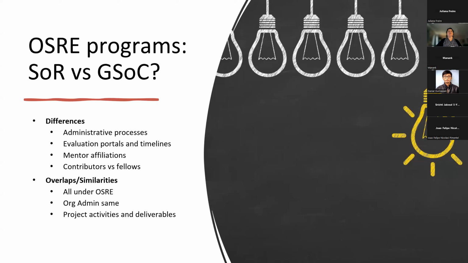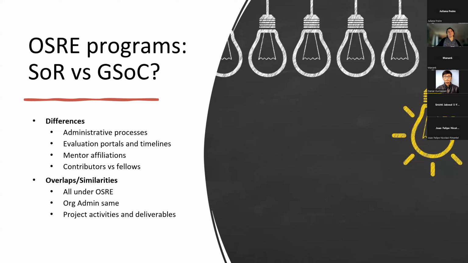Also, terminology wise, for GSOC, we use the contributor terminology, which is what GSOC uses, and for the Summer of Reproducibility, I've been using the term fellows, because going through a university process, the term fellowship is a lot easier for us to explain to our business folks than anything else. So I'm typically referring to you in official documentation as reproducibility fellows, and so that's what you should be seeing.